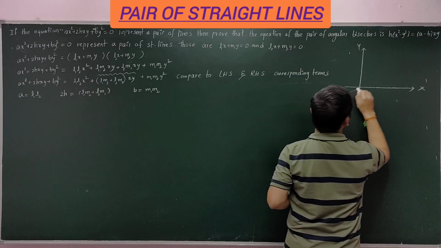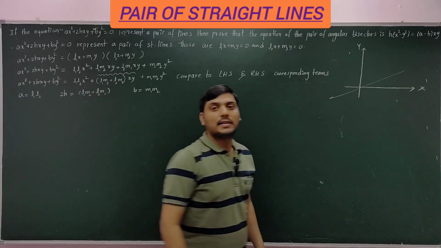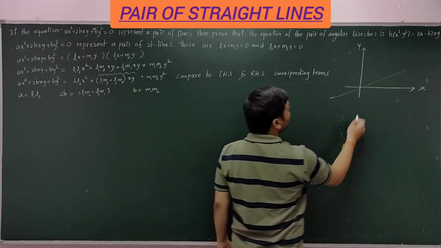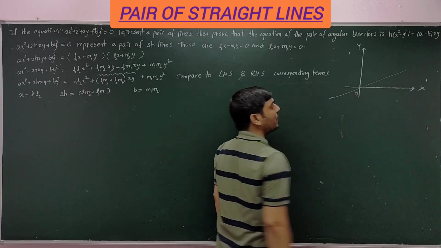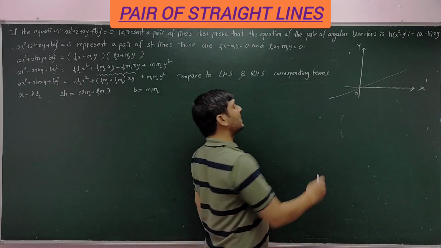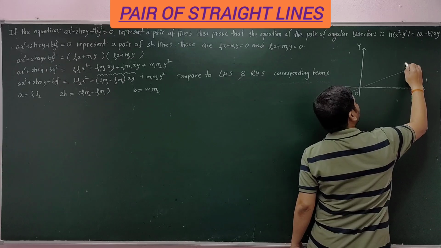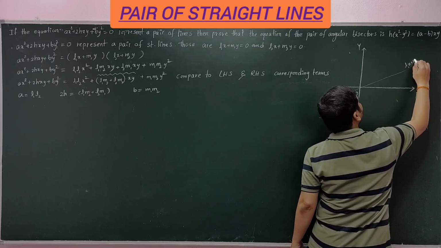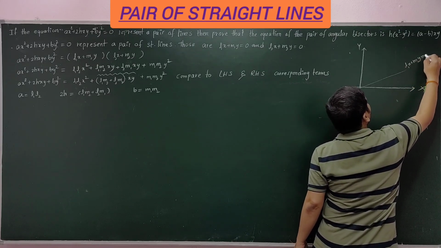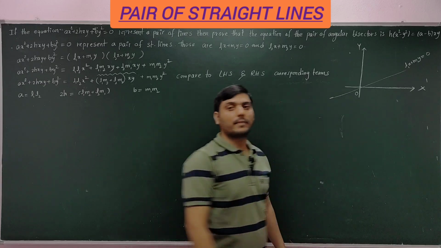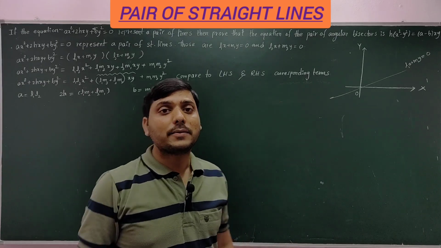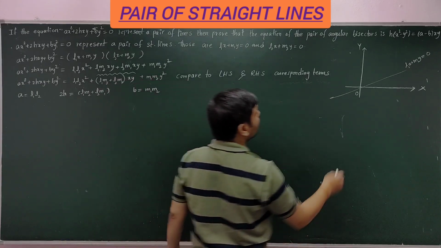This is the first straight line. Is this straight line passing through the origin or not? This is the origin. Okay. This straight line represents L1x plus M1y equal to 0. One more line is also passing through the origin.